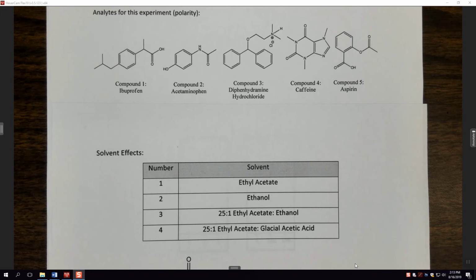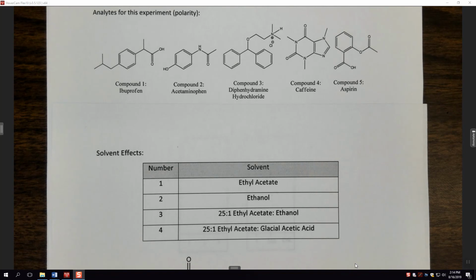Maybe that'll work. So the idea here isn't to necessarily solve this problem of separating these 5 compounds. The idea here is more to use these 4 solvents to get a better understanding of what you might want to do next, or how one could make a different mobile phase that has a chance of separating these compounds.